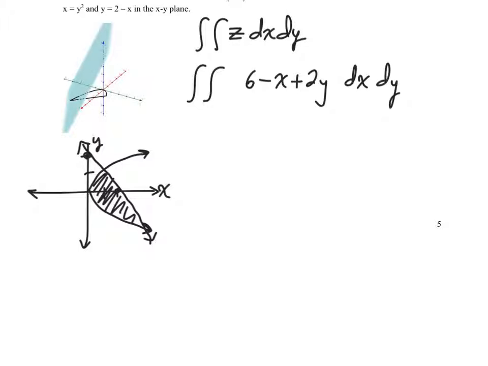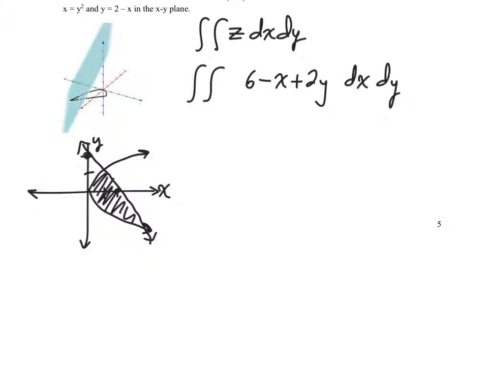Because this is a relatively straightforward function, it really doesn't matter which way I go. But if you come across a function that in its given form is a nightmare, you can't find its antiderivative, then you switch your variables so that you have a fighting chance to be able to anti-differentiate.